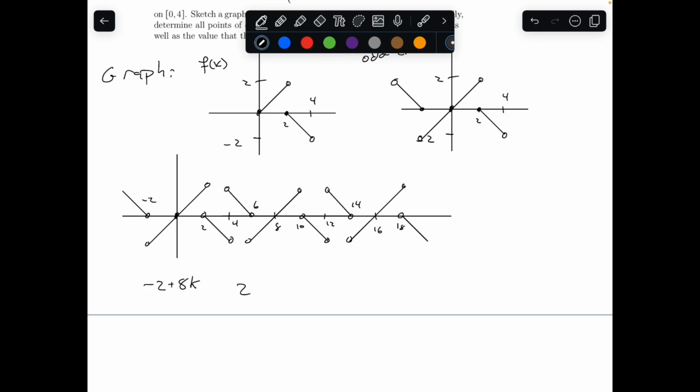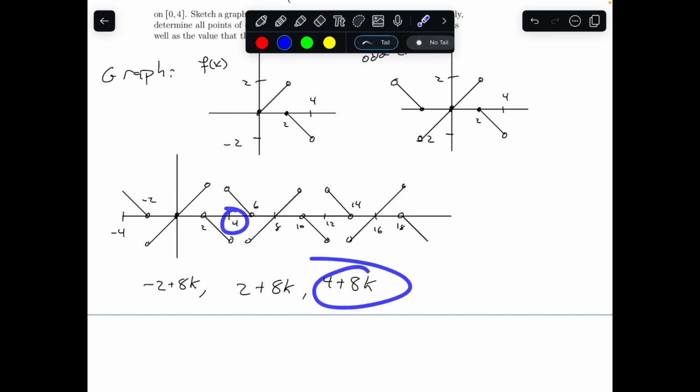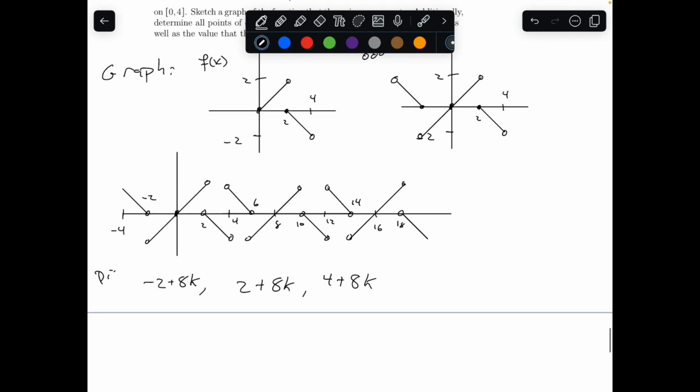So we'll get -2 plus 8k, 2 plus 8k, and 4 plus 8k. There's also going to be a discontinuity over here at -4, but that would fall under the category of 4 plus or minus 8k. So these are going to be our discontinuous points: -2 plus multiples of the period, +2 plus multiples of the period, and 4 plus multiples of the period.